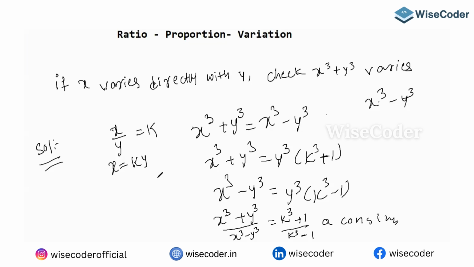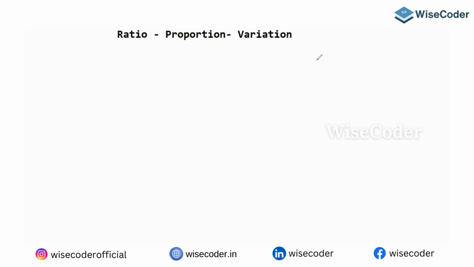The volume of a cone varies jointly as the area of its base and height.